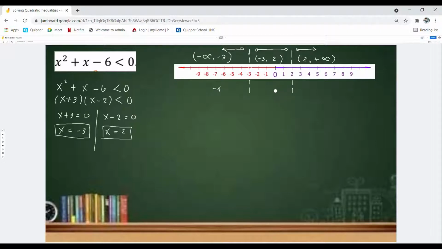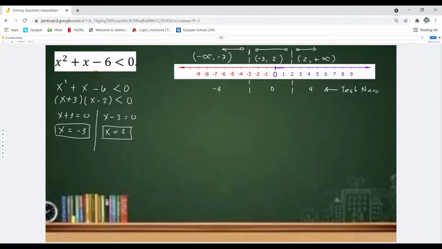And you can even use negative 10 and then negative 100 if you wish to. Here in this section, I'm going to use 0 because we have 3 and negative 2, negative 1, 0, 1. Here I can have 3 or 4 also because you have 3, 4, 5, 6, 7, 8, 9, 10, and so on. These are called test numbers.